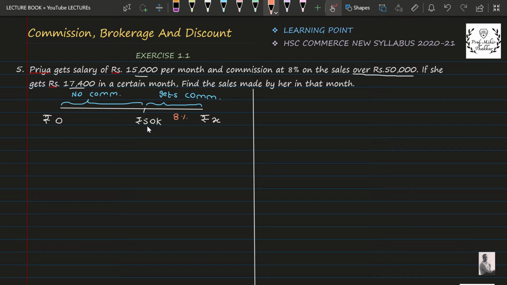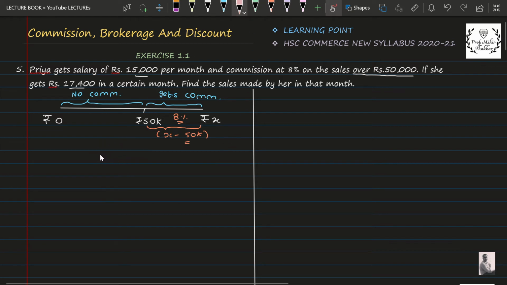So I need to know what is this amount. She gets commission at the rate of 8% over 50,000 up till X. So this amount has to be X minus 50,000. So I have to calculate 8% of X minus 50,000 and equate it to the commission value so that I would be able to get the value of X.